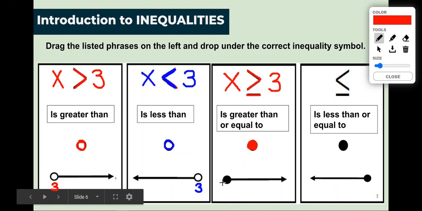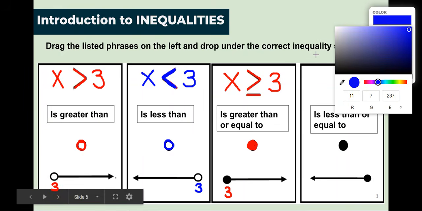That means that when we graph it, any value could be 3 itself or above. So open circle means it would not include 3. Closed circle would mean it would include the value 3 itself.